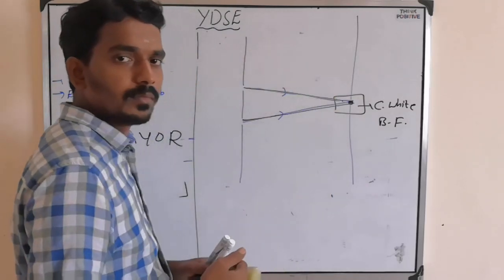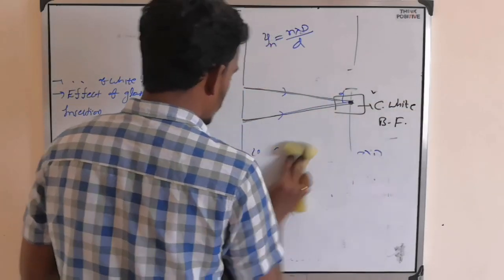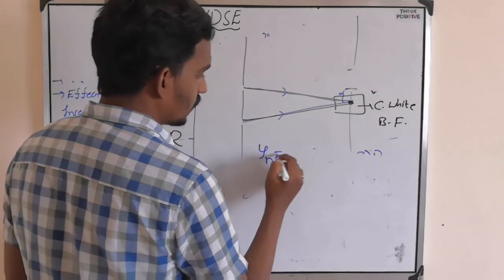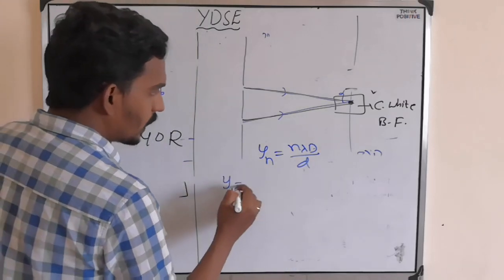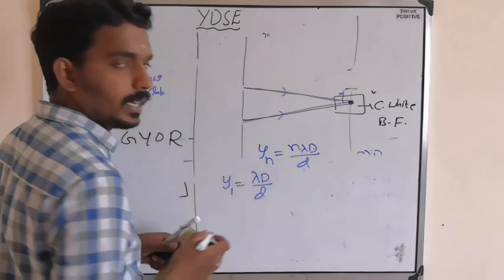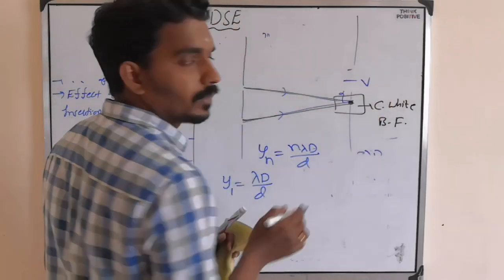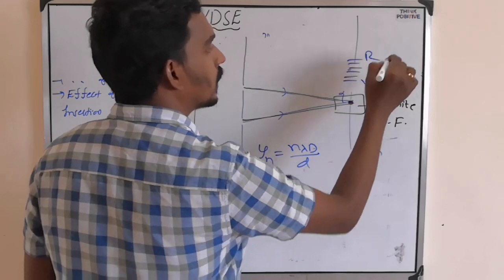Next, what should come? If you talk about the bright fringe next to the bright fringe, y1 equals lambda D by d. So somewhere violet bright fringe, then indigo, and so on, and finally red will come.